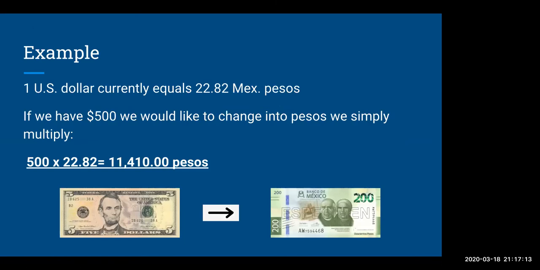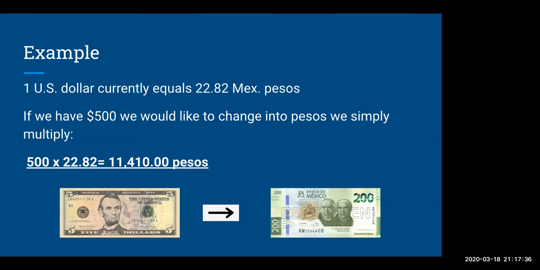For the first one, we want to take US dollars and turn it into pesos. When we did this, the exchange rate was 22.82. So if you want to exchange $500, you multiply it by 22.82, and that gives you 11,410 pesos.